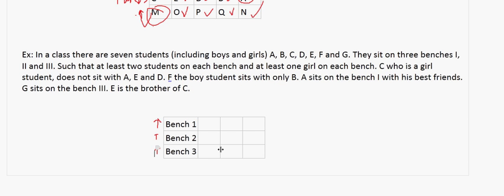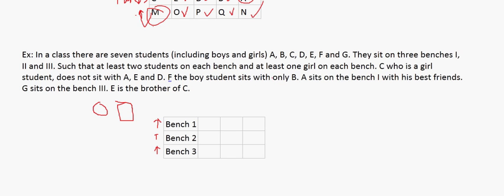Now it says C is a girl, so we would use our connotation of blood relations, where circle is for girls, square is for boys. C is a girl, does not sit with ADE, so we don't know where to place C right now. F is the boy who sits with B, so if F is a boy, then B has to be a girl.